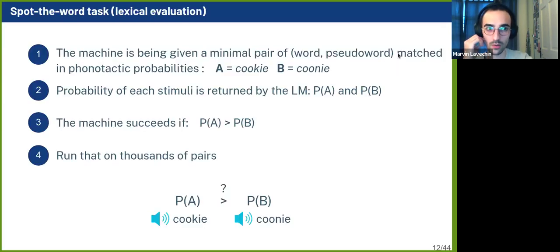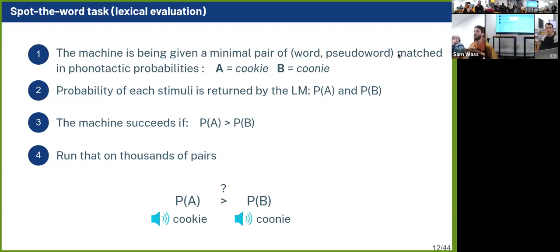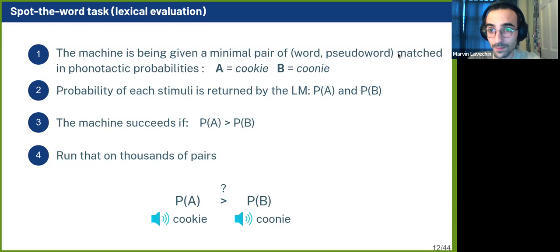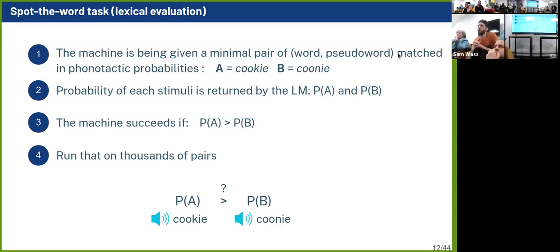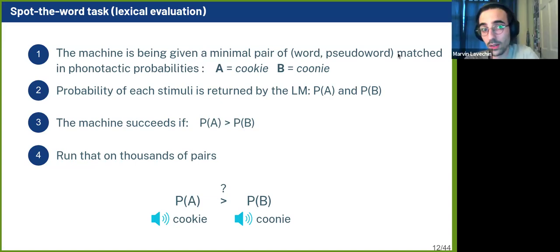Do you have any question on the spot the word task? Is it going to succeed at that just because it's heard more instances of the real word? So it will have just heard more instances of cookie, and that's how it's going to know that that's a real word. Yeah, that's the idea.